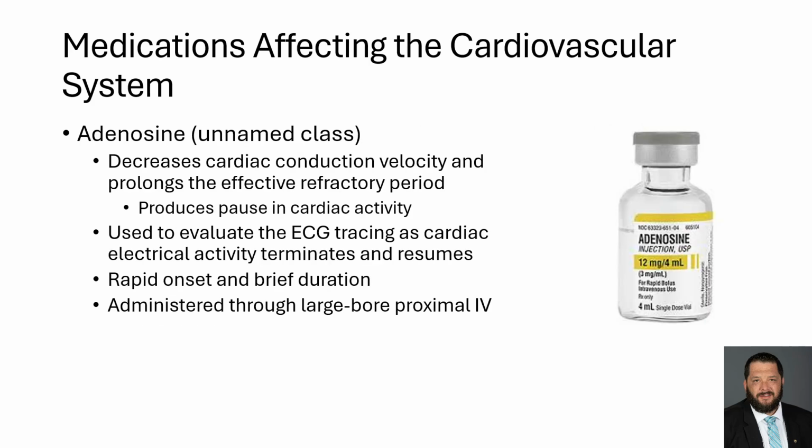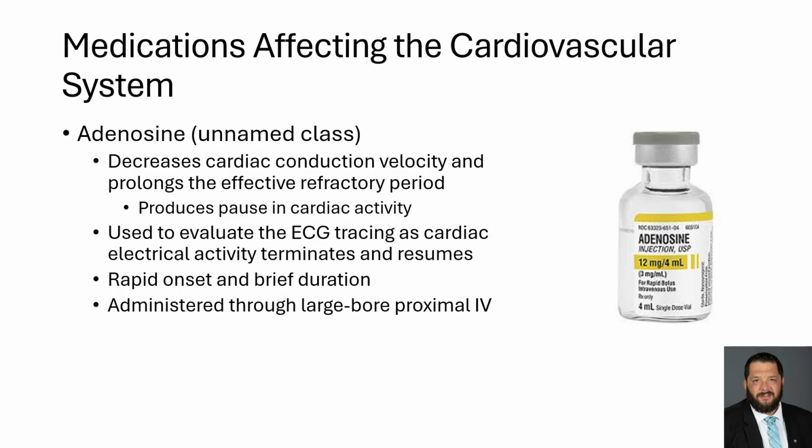Some other medications are in an unnamed class; adenosine is one that's common. Adenosine decreases cardiac conduction velocity and prolongs the effective refractory period, producing a pause in cardiac activity. It will produce a period of electrical silence, or asystole, generally only for a couple of seconds.